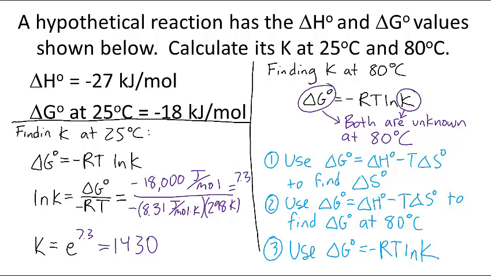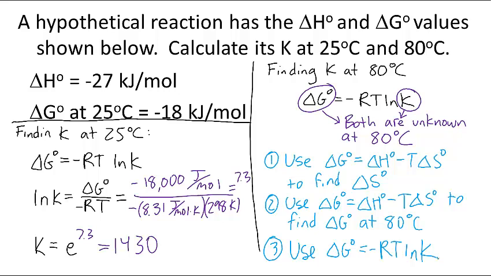Generally, what you want to do is think about where it is you want to get to. Where we wanted to get to was to be able to use delta G naught equals negative RT ln k to find k. That led us to the idea that delta G naught is an unknown there, so we're going to need to find delta G naught. So really, the thought process goes in reverse. I want to do step number 3 to find k.